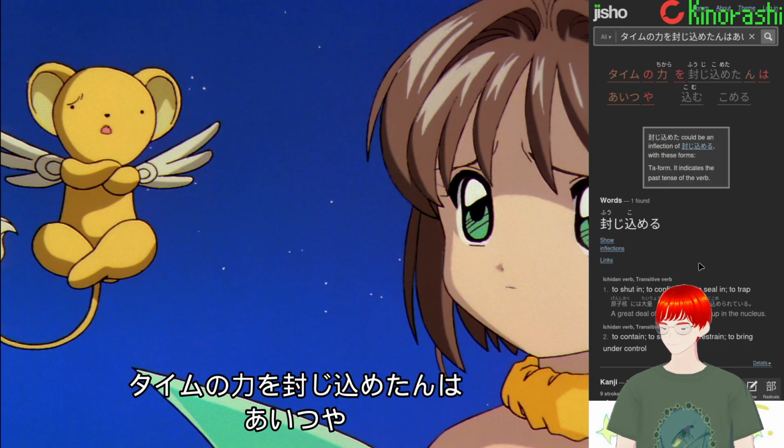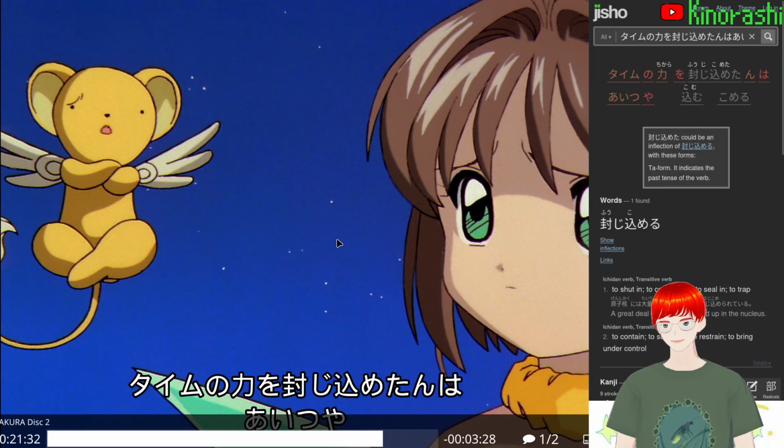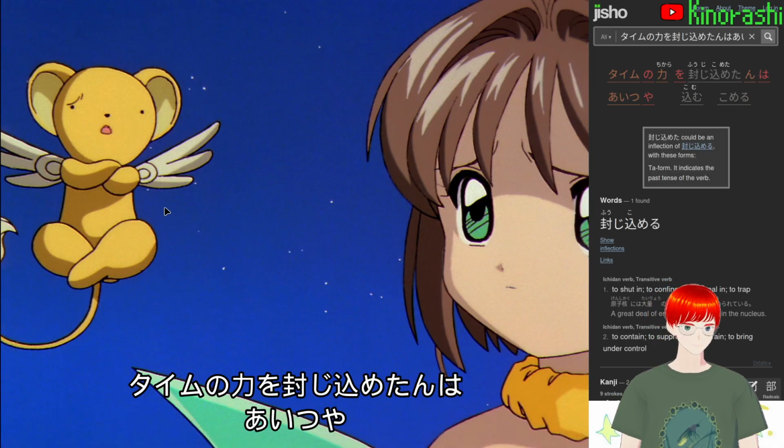So restraining time's power. So as for restraining time's power, it was that guy. So that guy, or he restrained time's power. Okay, it was him who sealed away the power of time, basically knocking him out with the lightning.